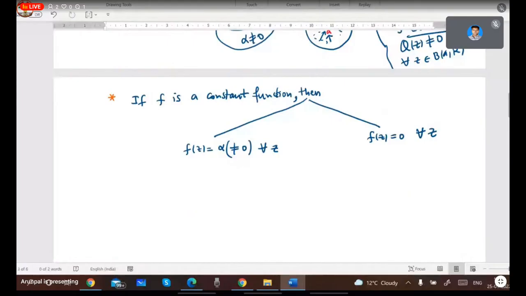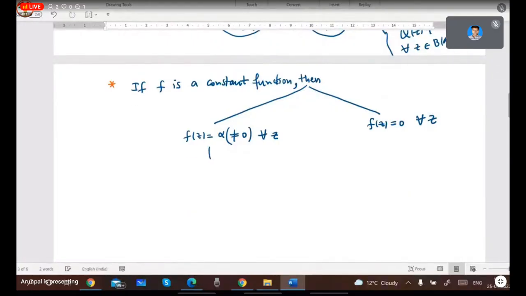But if you take this case, class, in this case, f will have how many zeros? No zero. Very good. No zero. Because zero means at some point z the value must be 0.